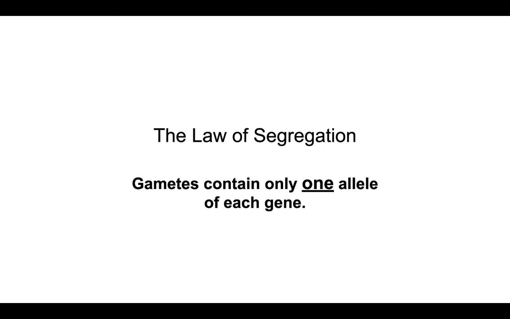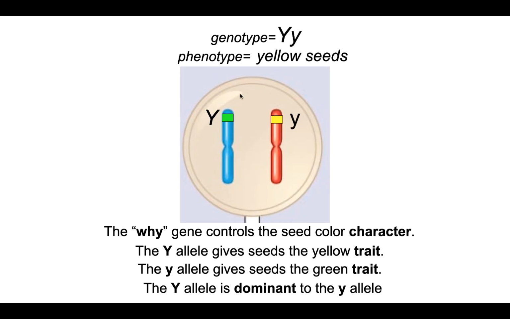Now, let's talk about the law of segregation. The law of segregation says that when you make gametes, when you make sperm and eggs, because they have only one set of chromosomes, because they are not made up of homologous chromosomes anymore, each gamete is only going to have one allele of each gene. Each gamete is either going to have a big Y or a little y.